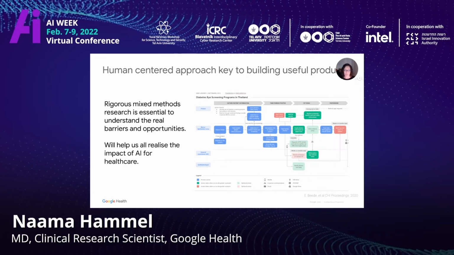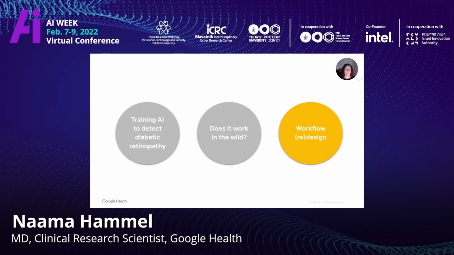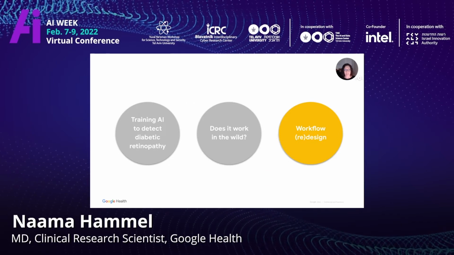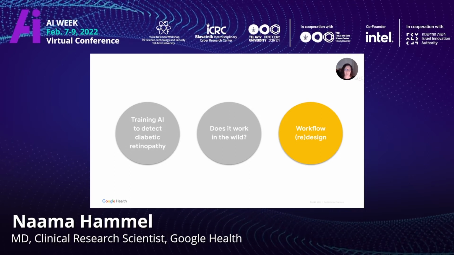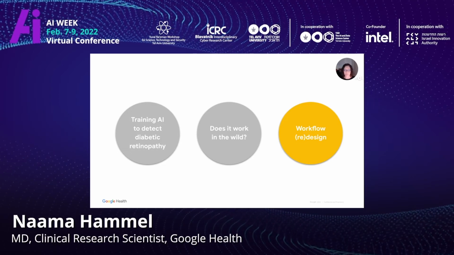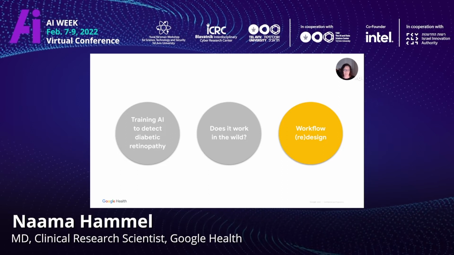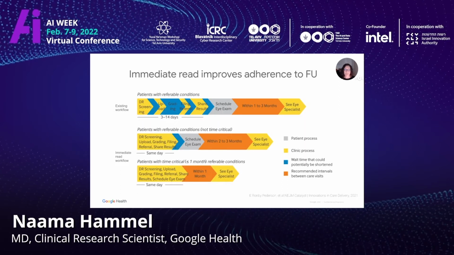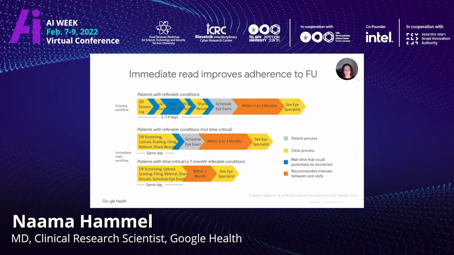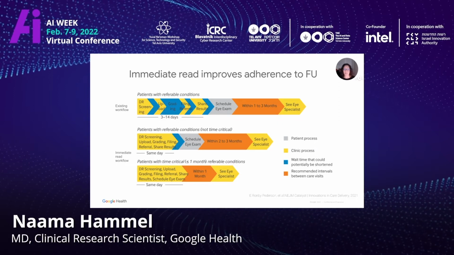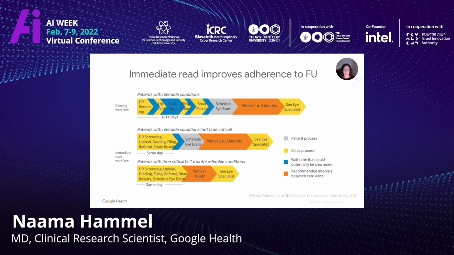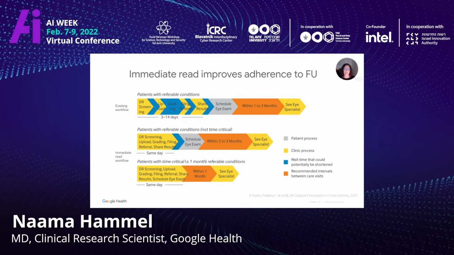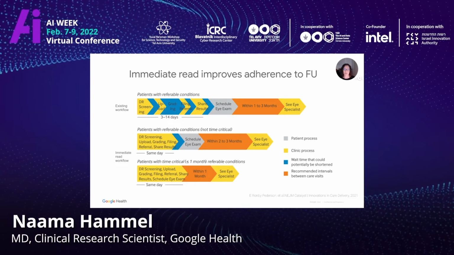world and making impact. So the next step, basically, with all these learnings, is to redesign the workflow and, again, see whether it actually brings impact to patients and improves screening and diagnosis. And for that, we launched a study where we wanted to compare what happens when patients who come for screening get the answer of the screening on the spot.